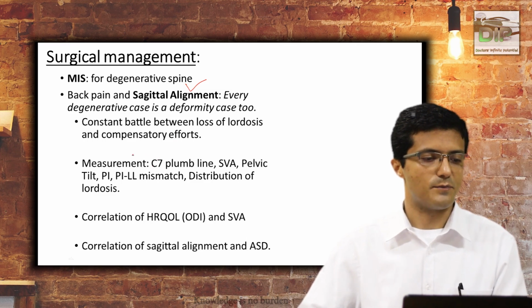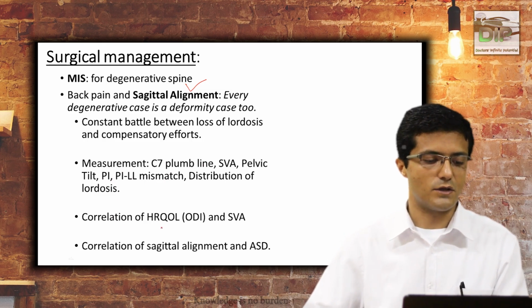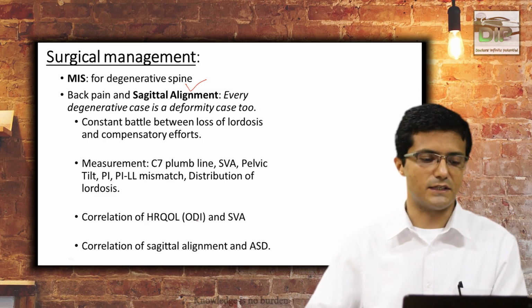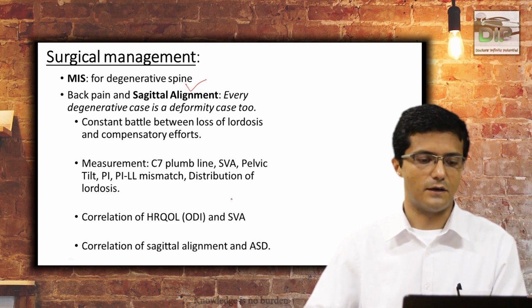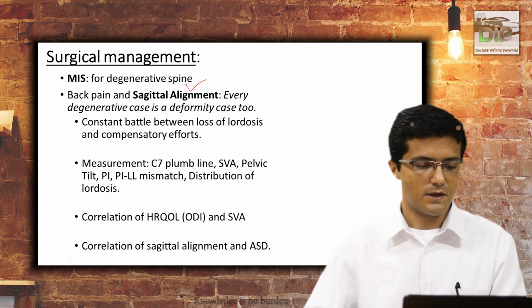The different measurement parameters for the sagittal alignment are the plumb line, SVA, pelvic tilt, pelvic incidence, and so on. There is a correlation of the Oswestry Disability Index and the SVA, the sagittal vertical axis, which shows how anteriorly displaced the vertical line dropped from C7 is with respect to the sacrum.